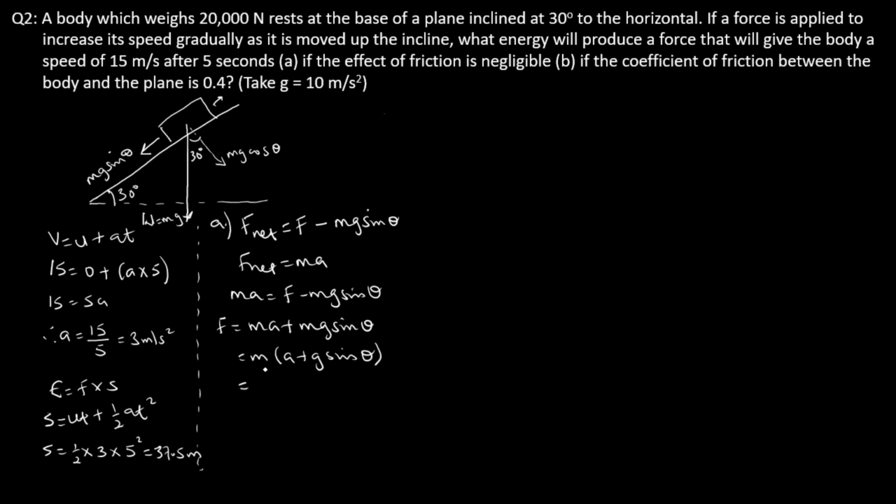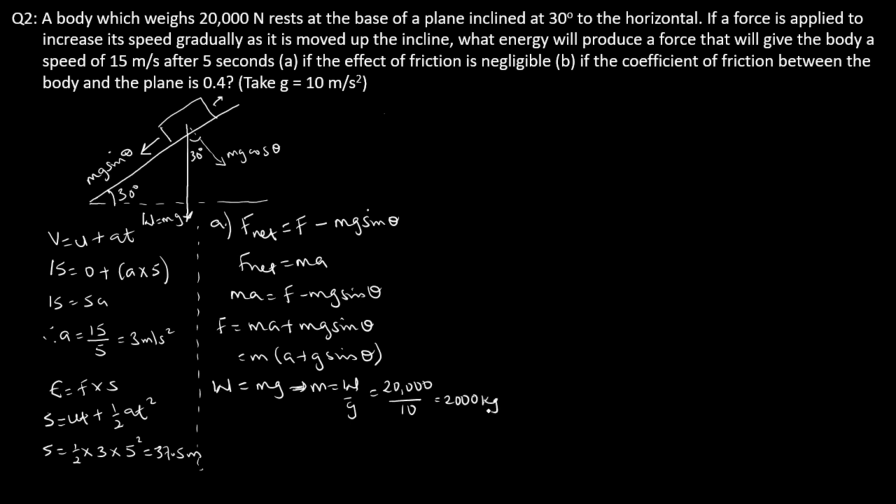Now we do not know m, but we know that the weight is equal to mg. And we're told to take our g as 10 meters per second squared, which implies that the mass therefore becomes equal to the weight over g, that's 20,000 over 10, which gives us 2,000.